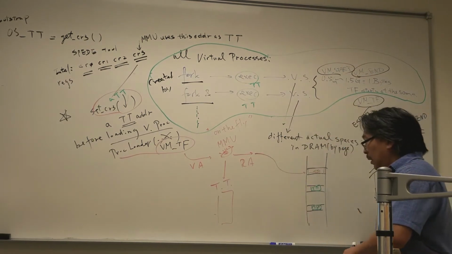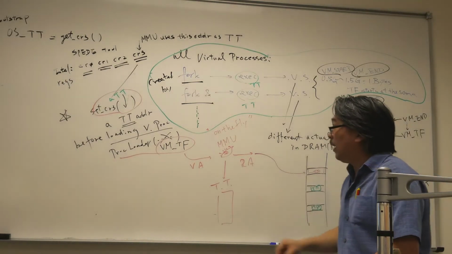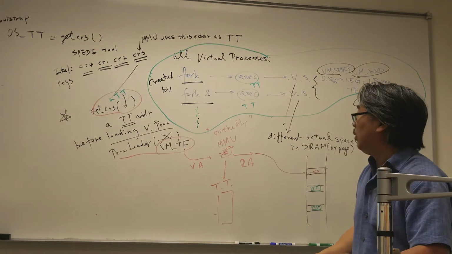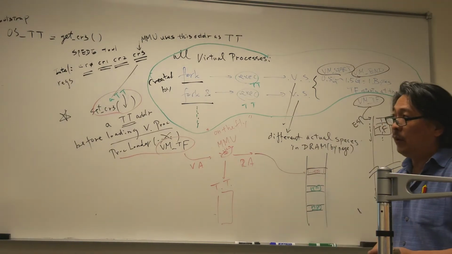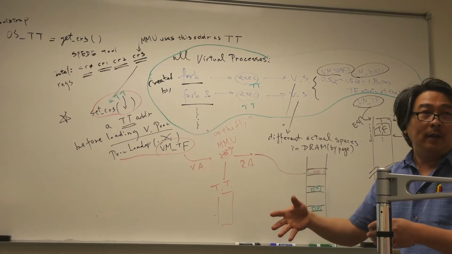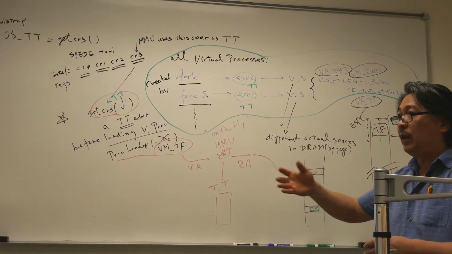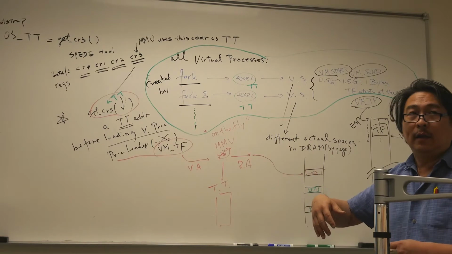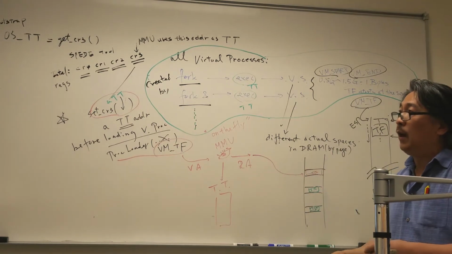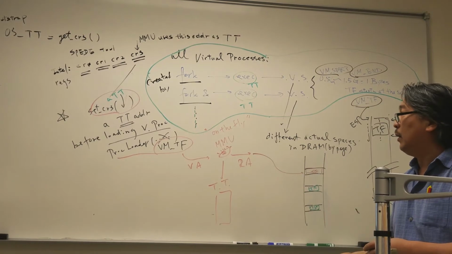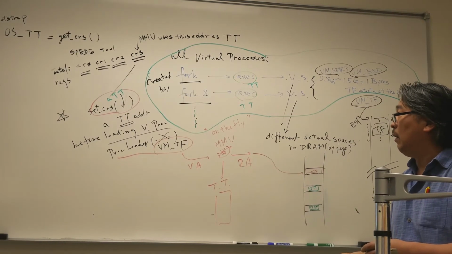All right. So this is to say that each process goes to the living room, the kitchen, the bathroom, the bedroom, wherever in the house. And in the house they appear to be the same location within that virtual space, but they are actually mapped to different actual locations.